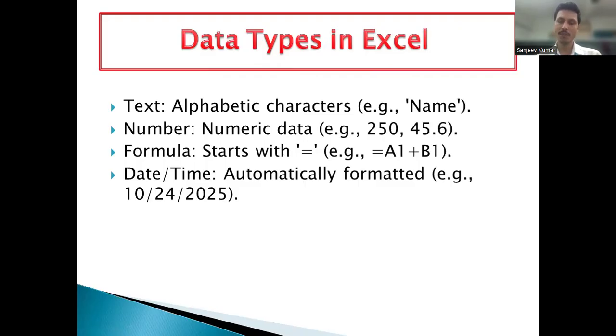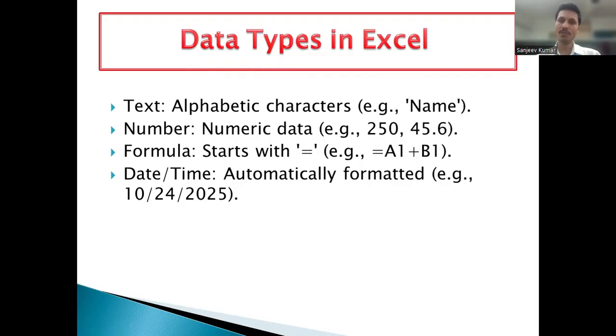Any operation or formula starts with equal to, then select one cell and then another cell. For example, equal to A1 plus B1, and the numbers in the cells will be added, and the output will come for the addition. Suppose cell A1 contains 10 and B1 contains 5.